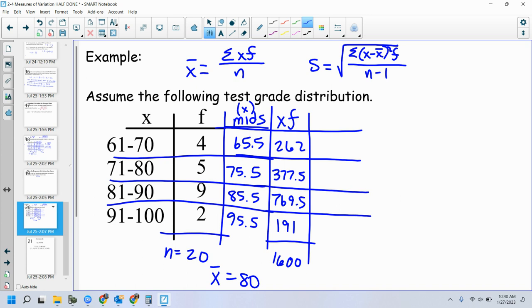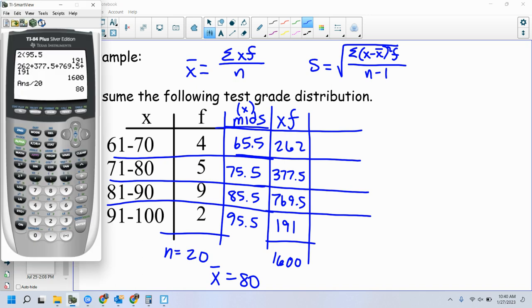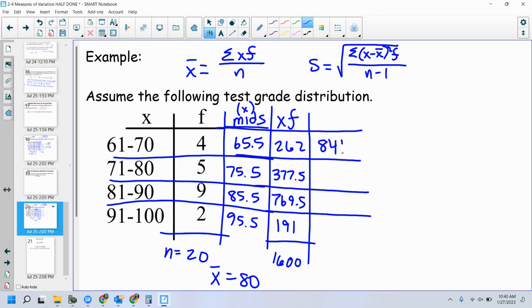Okay, so now I take X minus X bar squared times F. And when I say X here, I'm dealing with my midpoints, right? So I've got 65.5 minus 80 squared times the frequency of 4, which is 841.